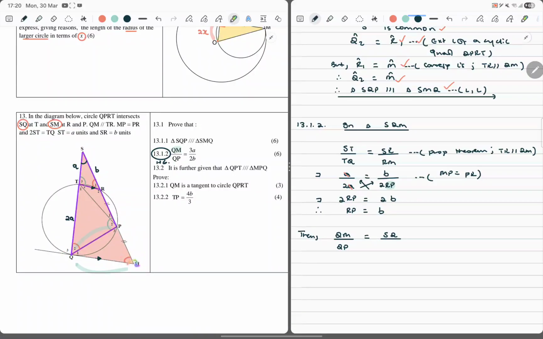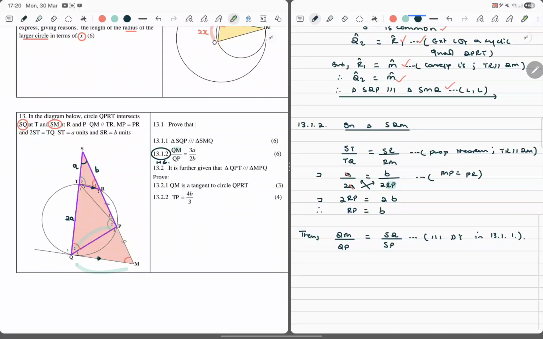Now SQ is opposite this angle. In the other triangle, that is the angle, the side opposite that is SP. So what is that? This is similar triangles in 13.1.1, just to try and be specific.